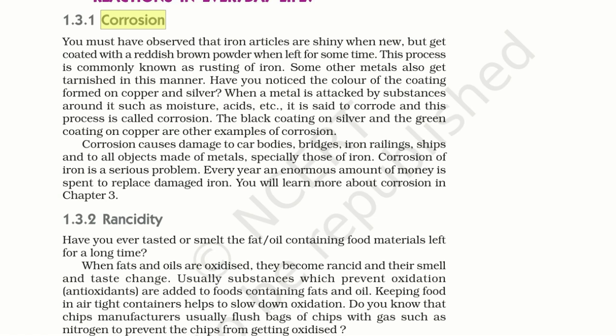While the food material that contains fat and oil gets rancid due to the oxidation of that fat. Their smell and taste change. So most probably, to preserve food for a very long time, the food materials are packed with nitrogen gas to prevent the food substance from becoming rancid.